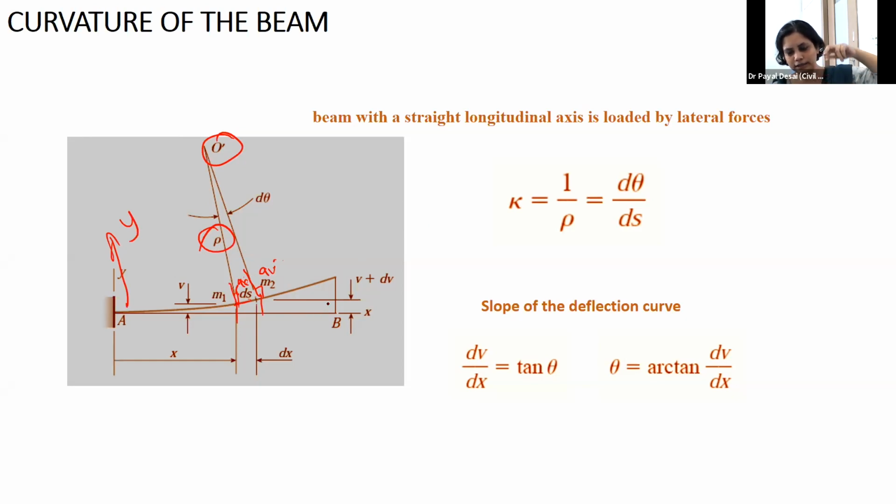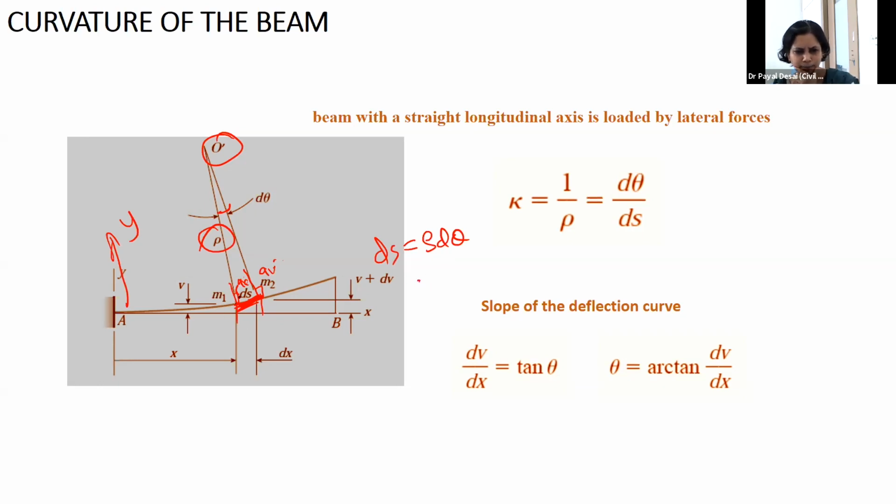And in this case of beam, you already know how to write this, right? The rho, how to write these arc lengths. So ds, from your trigonometry, we can write as rho d theta. Rho d theta is equal to your ds, and from this I can define curvature.